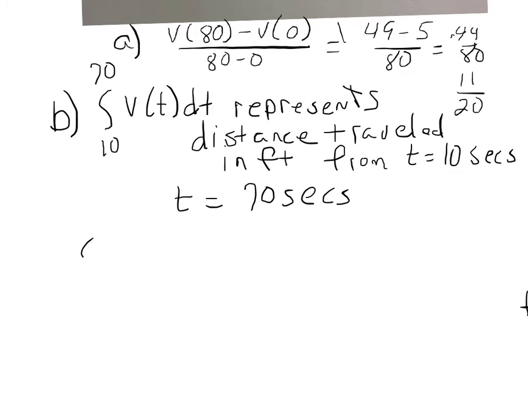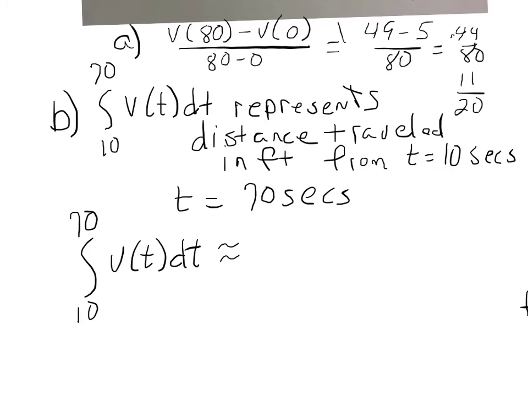If we take the integral from 10 to 70, this is approximately equal to, now we're going to do our Riemann sum. A Riemann sum is rectangles. If you were to do a trapezoidal sum, it would say trapezoidal, which is half the sum of the heights times the width of the base. A rectangle is just length times height.